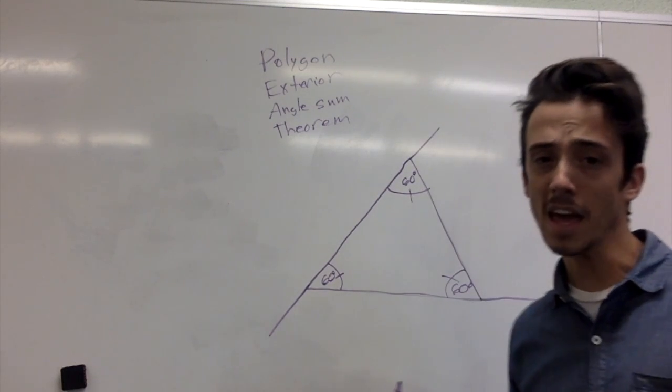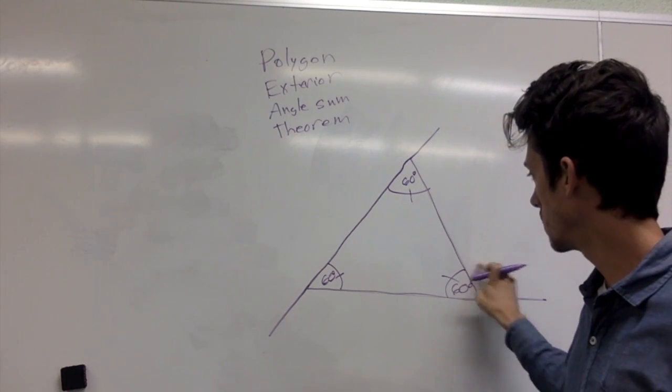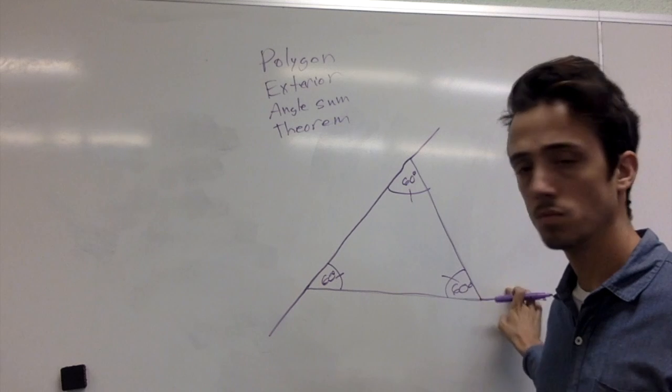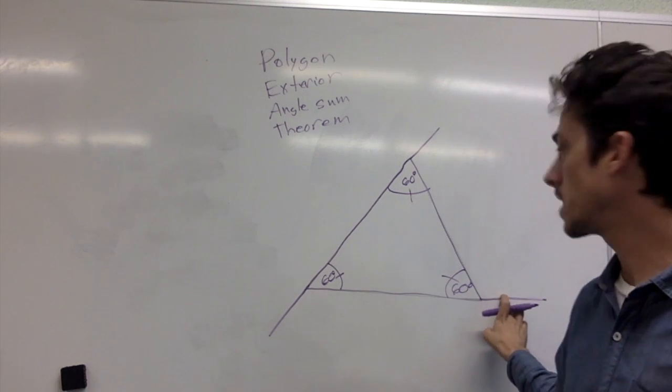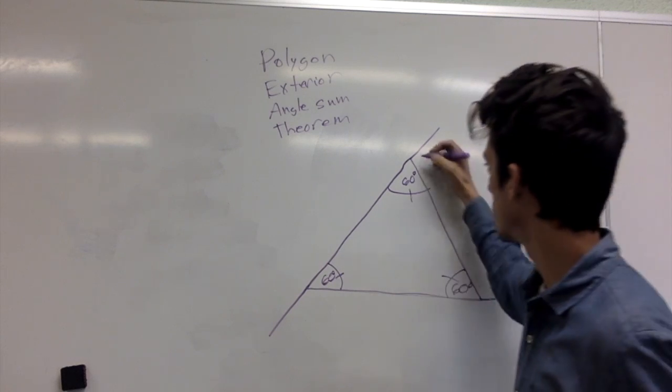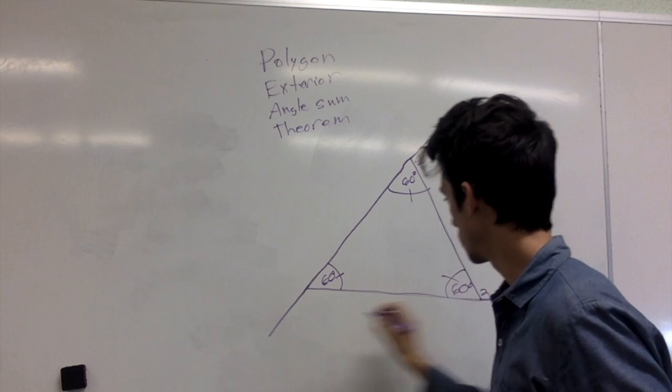it kind of looks like a fan. And if we look closely, what do you think these are going to be adding up to? What do you think this angle would be right here? Let's call this angle 1, 2, 3.